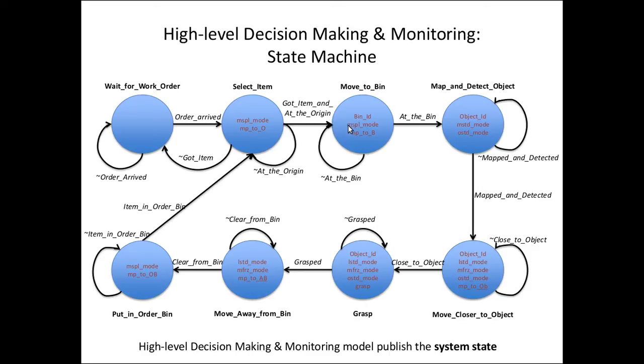And the mapper will be in the simple mode, publishing a fixed version of the shelf that can be used if necessary to allow collision-free movement from the origin to in front of the selected beam, the beam that is specified in the order. So when the motion planning sees that the arm is at the beam, it will publish this flag and the state machine will move to this state.